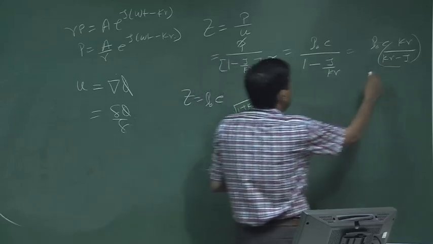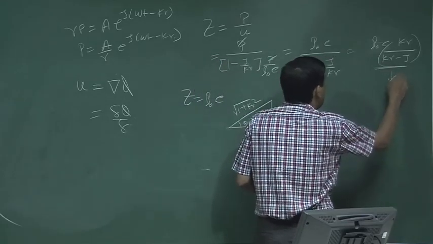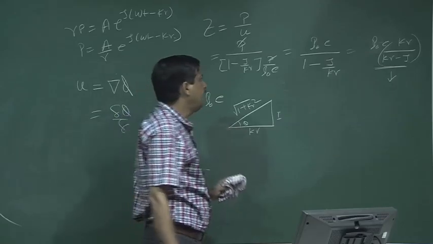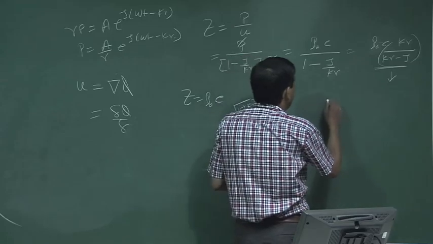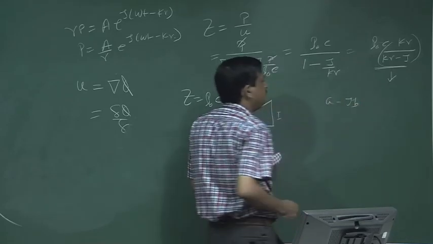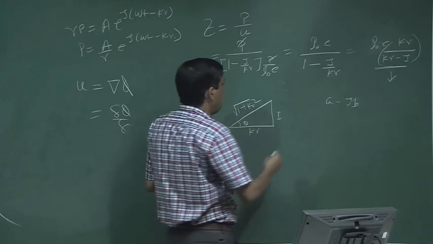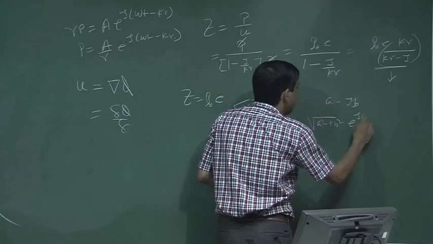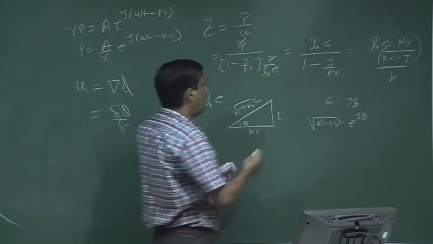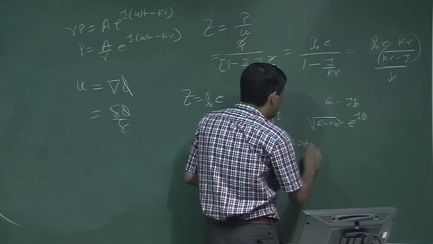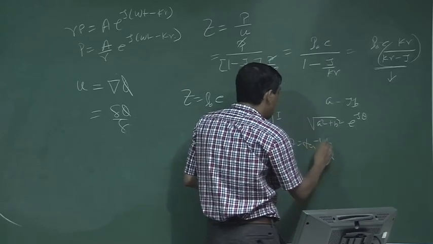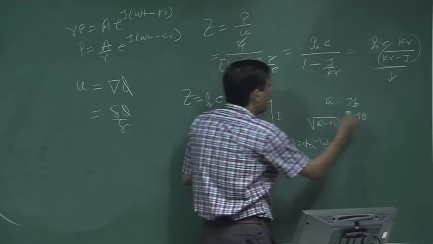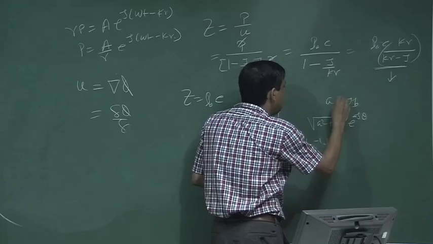I can write this complex term in terms of amplitude and theta. So I can write, let us say, A minus jB. So root over A square plus B square is the amplitude and e to the power j theta, and theta will be tan inverse B by A. This will be minus, so I write minus theta. So instead of plus theta, I write minus theta, then it will be plus.